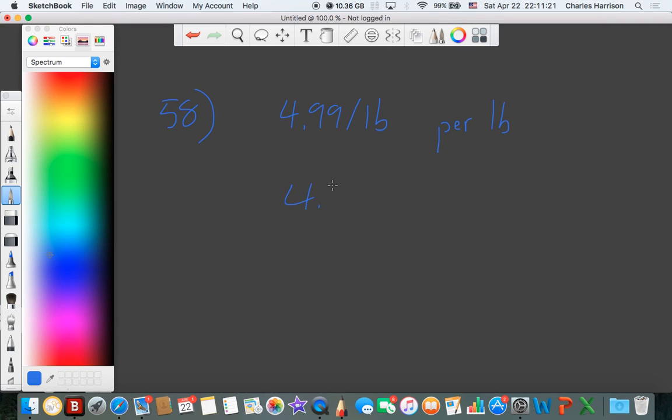It's $4.99 per 1 pound. And how much would you pay for 4.6 pounds? That's how you set it up as a proportion.